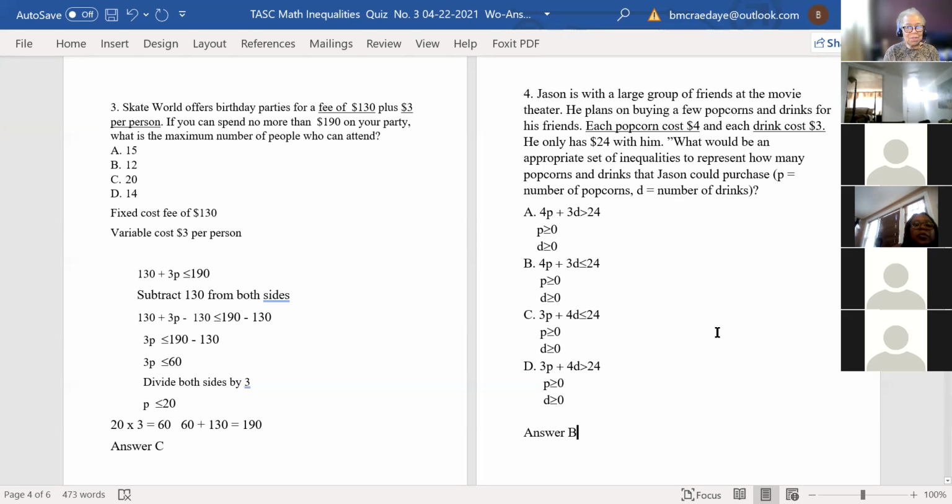Miss, we would have to add up the amount of popcorn and the amount of drinks by the prices to get the answer, right? No, this is just a setup. This is just a question setup.